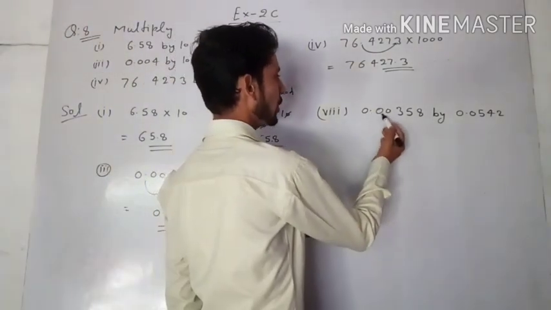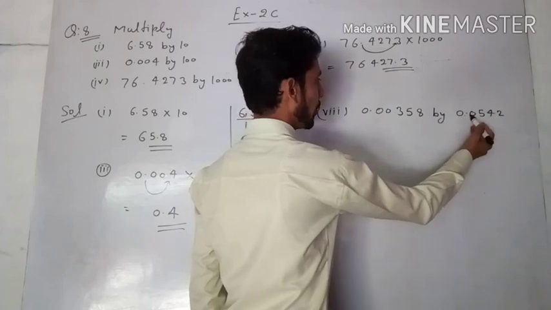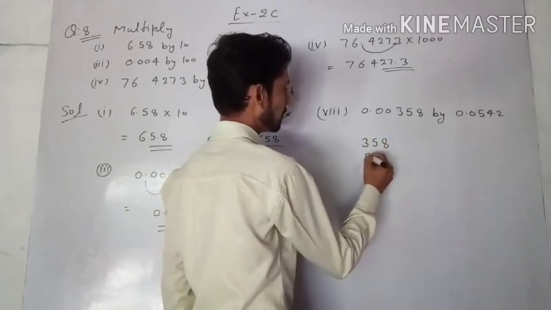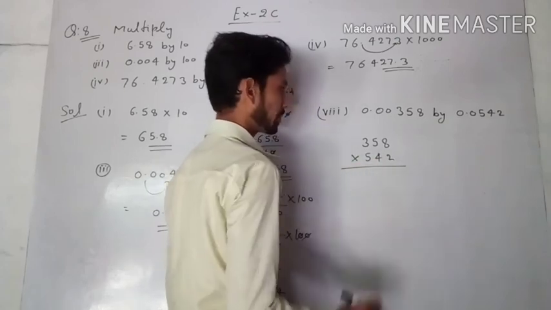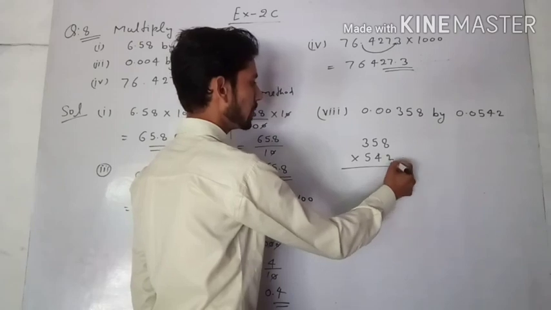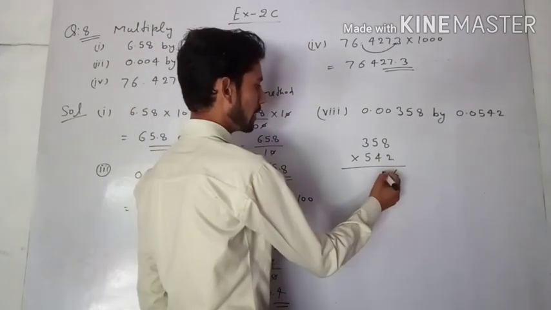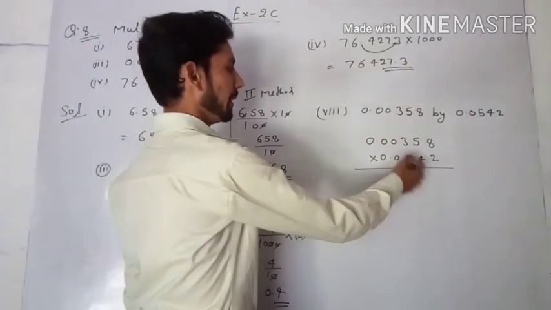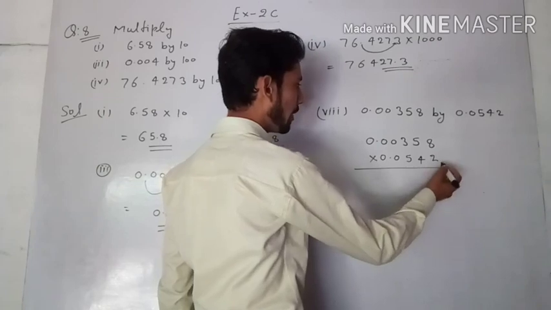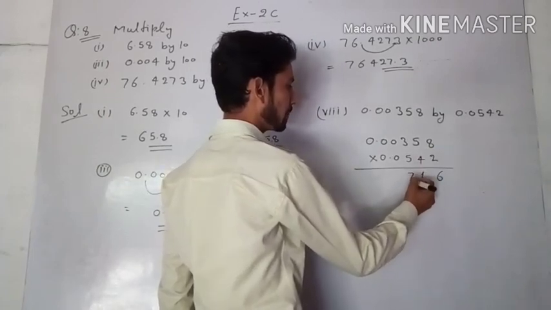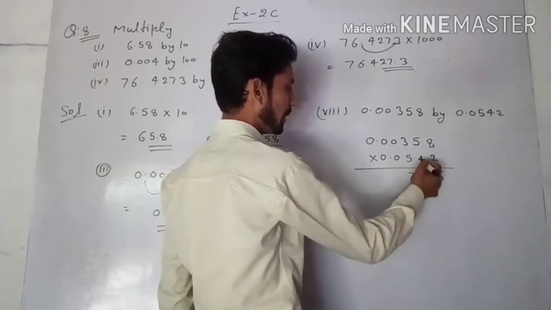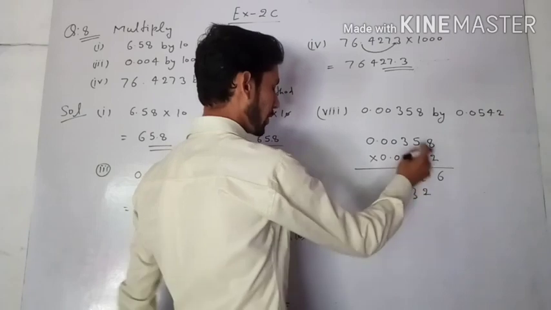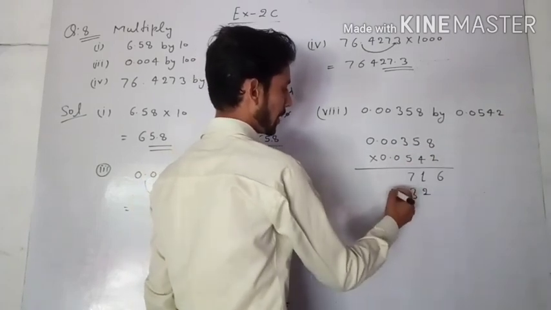So multiply 0.0038358 by 0.0542. Write it like that and multiply. 2 8s are 16, carry 1, 2 5s are 10, 1 is 11, 2 3s are 6, 1 is 7. 4 8s are 32, carry 3, 4 5s are 20, 23, carry 2, 4 3s are 12, 14.